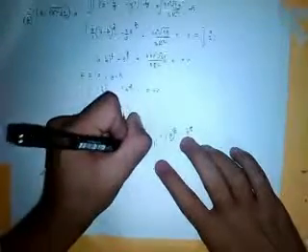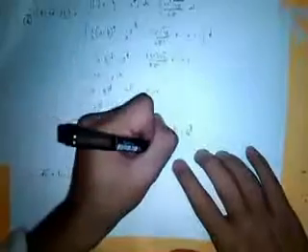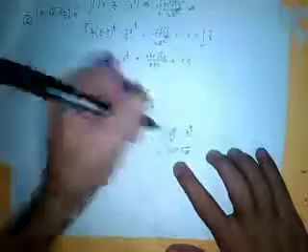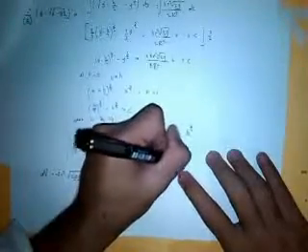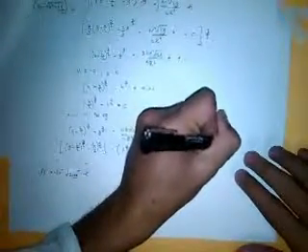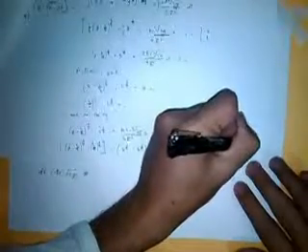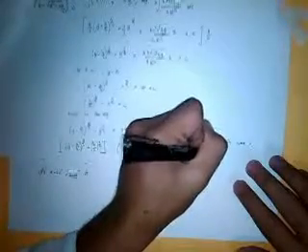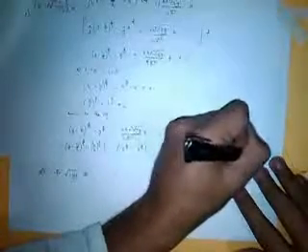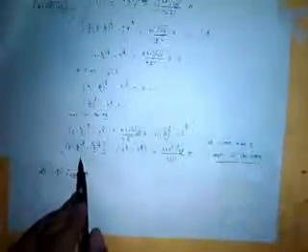So h to the 3 halves is equal to 3 h r squared square root of 2g over 2r squared t. So that means at a certain time t, this is the function, or this is the depth of the water.